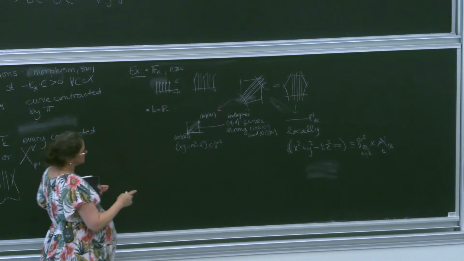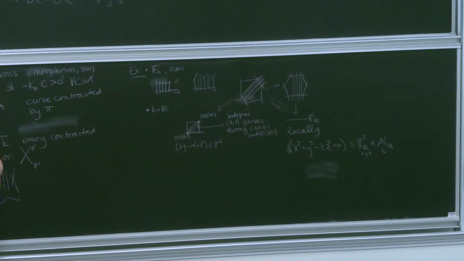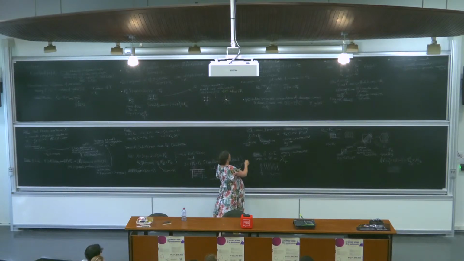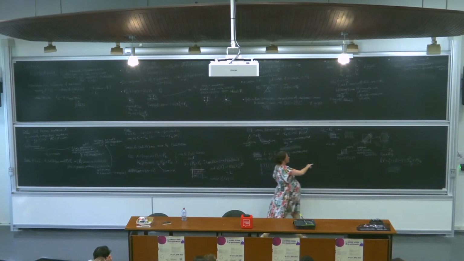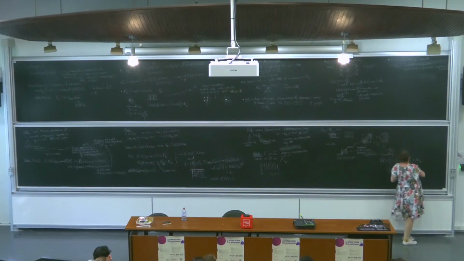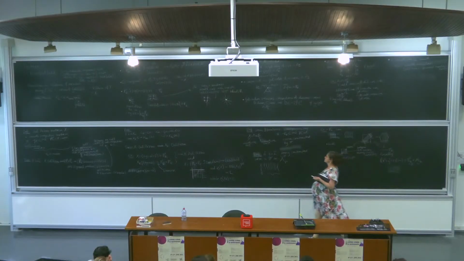And in fact, such a description you can always get for conic bundles. You can always find an open set of your curve B over which you can embed the bundle into a P2 times a curve.